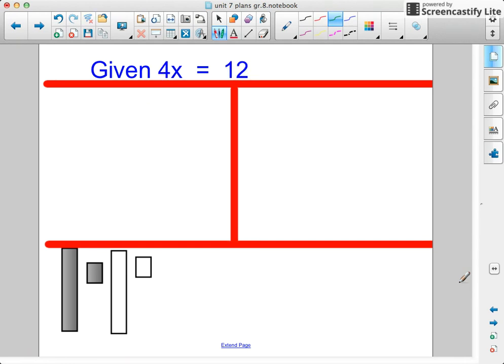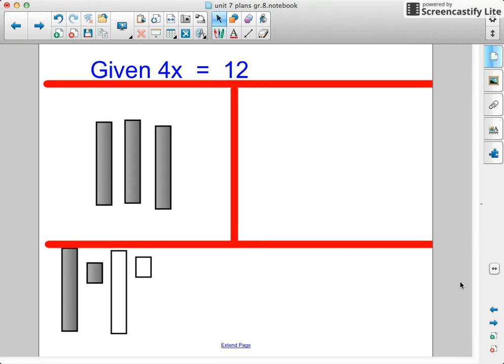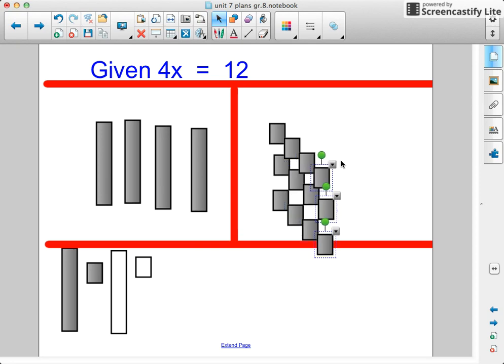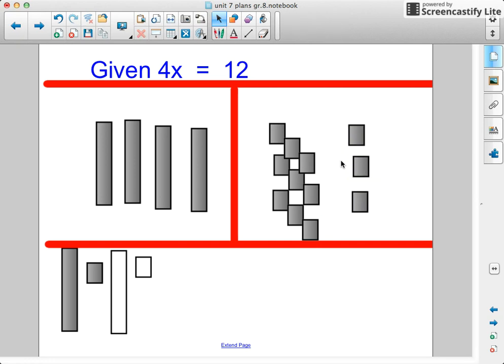Okay, if we look at this example, 4x, so we have 4 positive x's, equals positive 12. I'm just going to clone these. Okay, so we have 12.